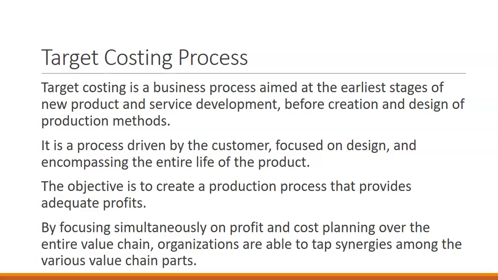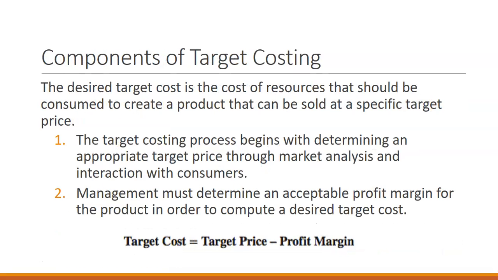And then that helps us develop a value chain that is already designed to reduce the amount of non-value added cost that we have in it. So when we're looking at target costing, our desired target cost is the cost of resources that we can have in a product that we can sell at a specific target price.